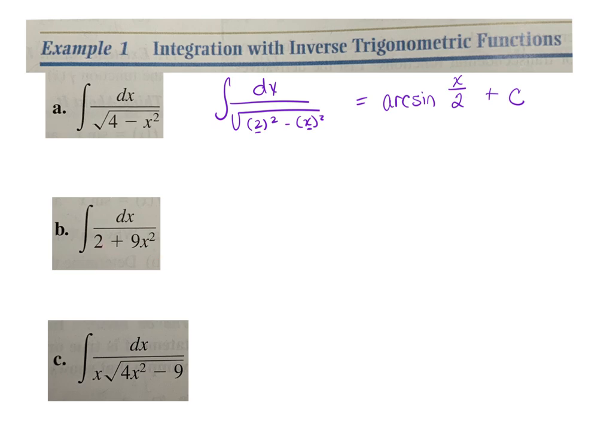Because if I had some x up here, then I could say my u is my 2 plus 9x squared. My du would be 18x, and I could do u substitution and do natural log because it's something to the first power. But I don't have that, so it's not going to derive back to a natural log here.